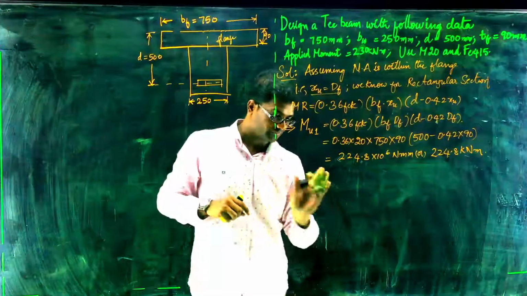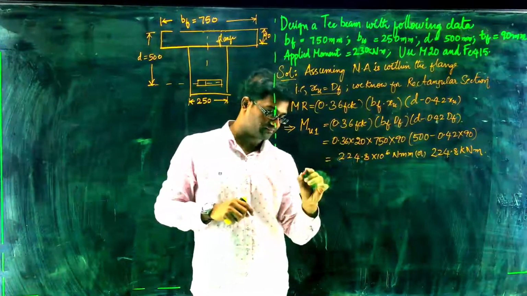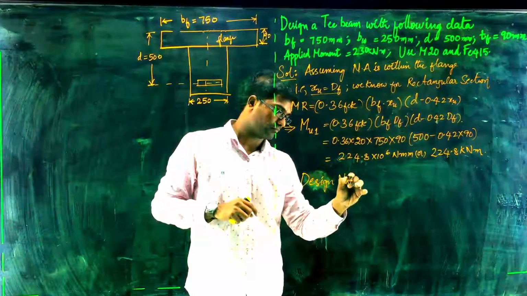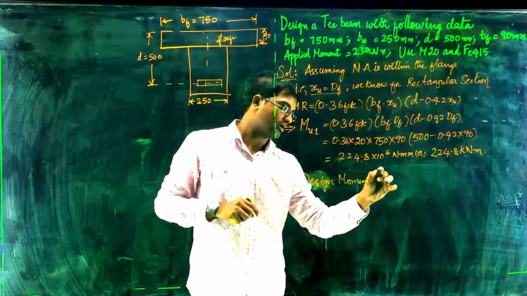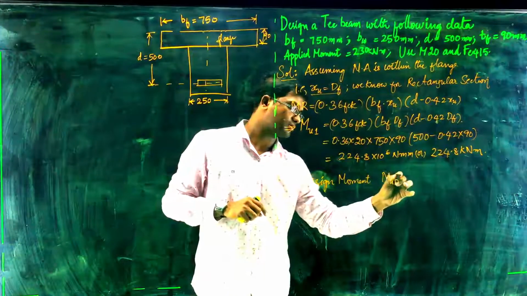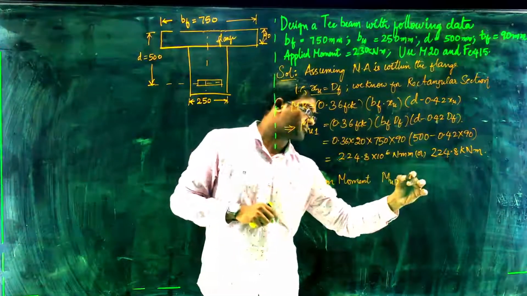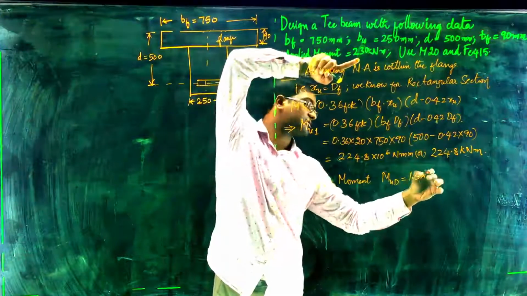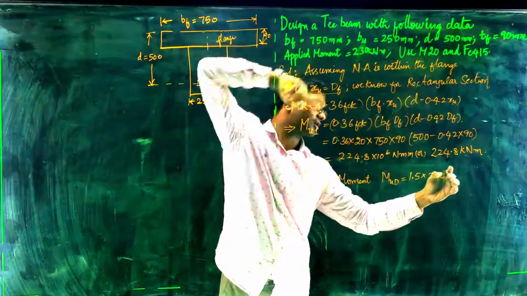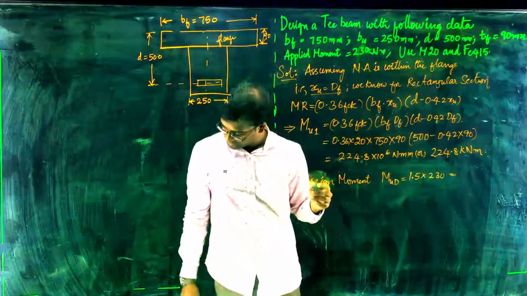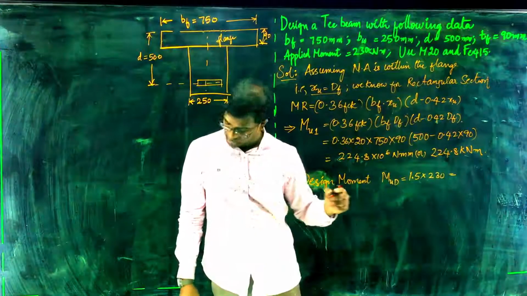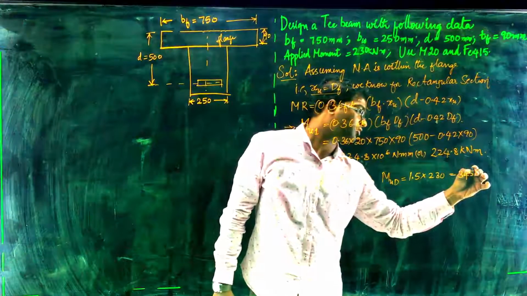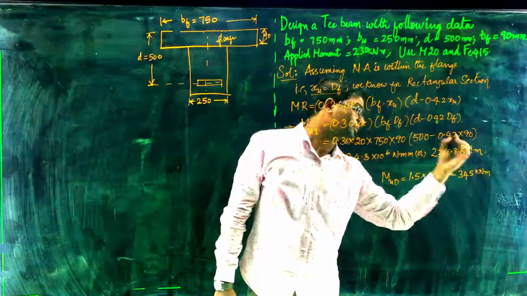The design moment is given by MUD, factor of safety 1.5 multiplied by the applied moment, which is given as 230. If you multiply 1.5 into 230, you will get a value of 345 kilonewton meter.